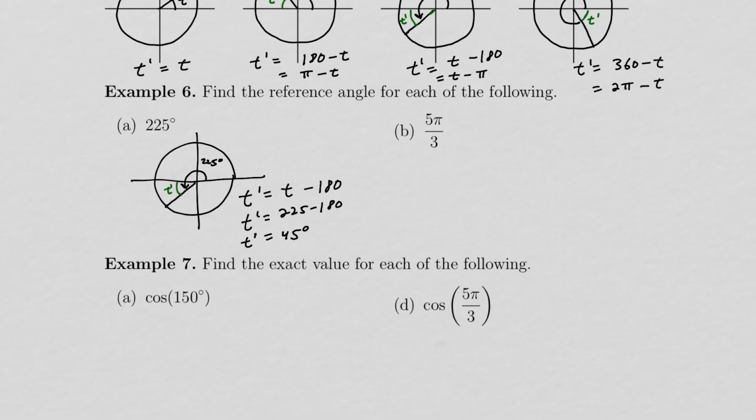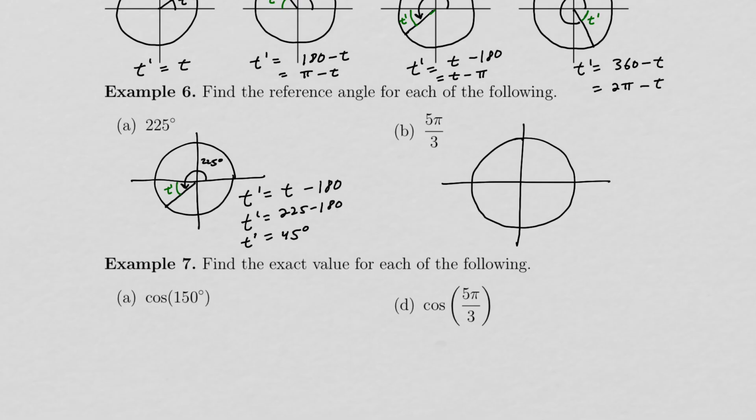All right, what about 5/3 pi? If that's my original angle, what's the reference angle? So again, let me draw a picture. There's my unit circle. So what is 5/3 pi? Well, 2 pi, which would be 6/3 pi, would be all the way around.